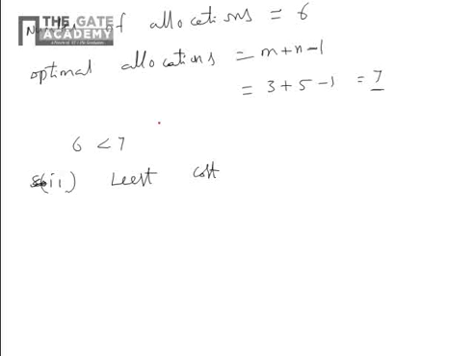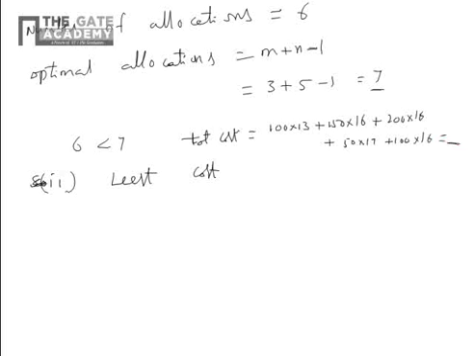After allocations, the total cost of allocations is equal to 100 into 13 plus 150 into 16 plus 200 into 16 plus 50 into 17 plus 100 into 16.